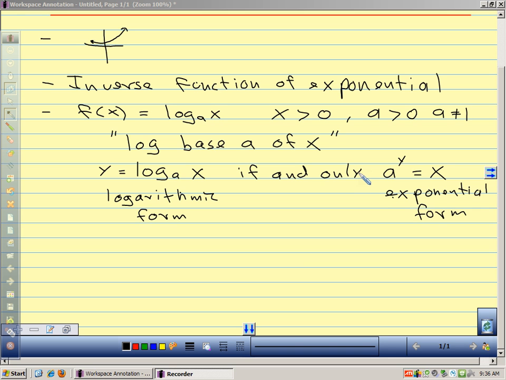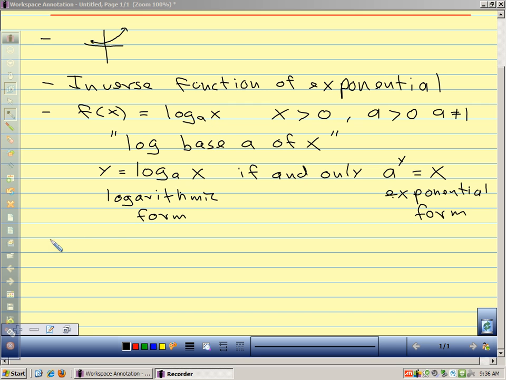Now, I said we have a couple of bases that we're going to work with more. Normally, in our number system, we use the base 10 number system. So one of the more common logarithms is the log base 10. And if we look at the log base 10, that's the only time we don't write the base under our logarithmic function.